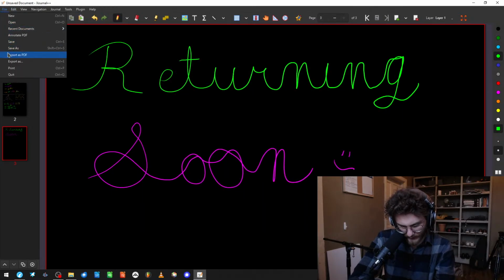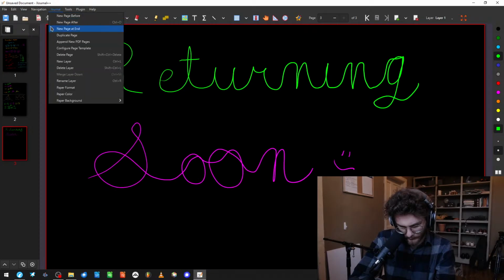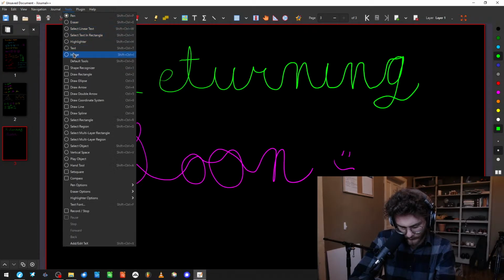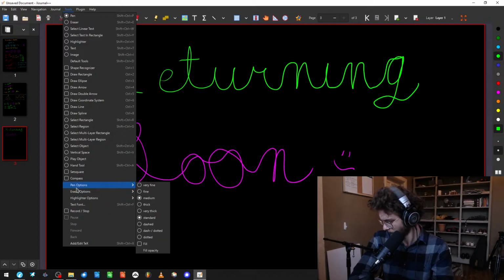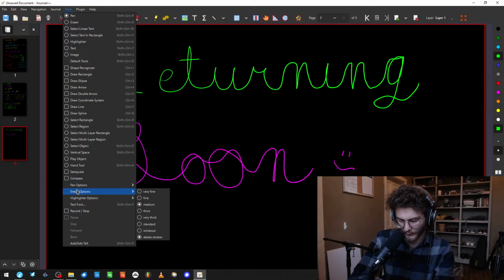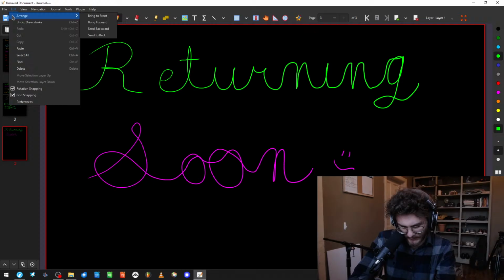Edit. No. File. Layout. Columns. Toolbars. Pin option. It's got to be more specific options. Come on. Plugin. I would say it's under edit.